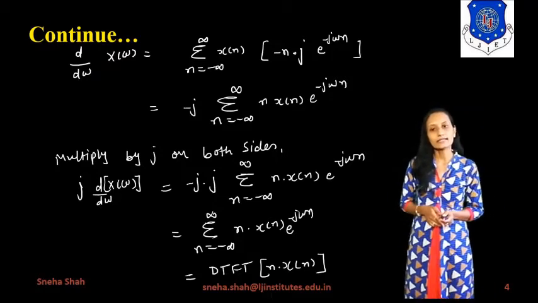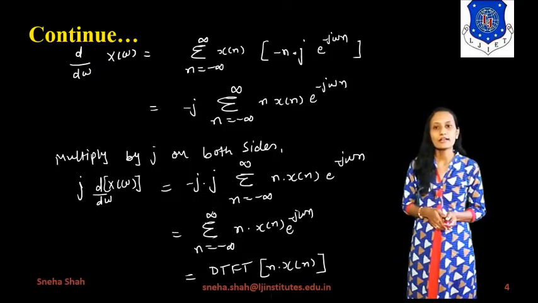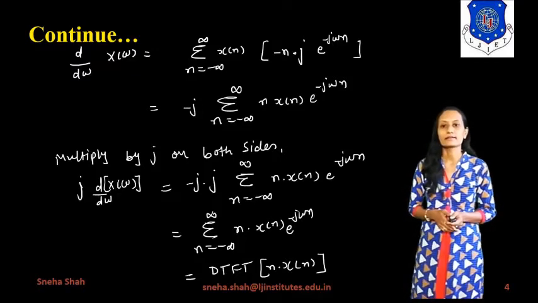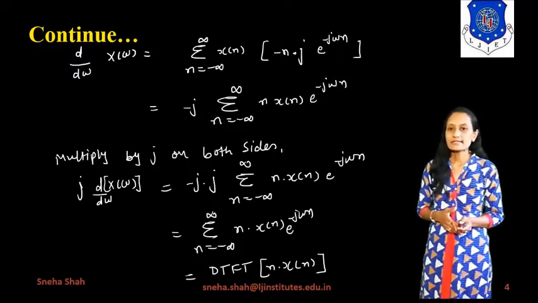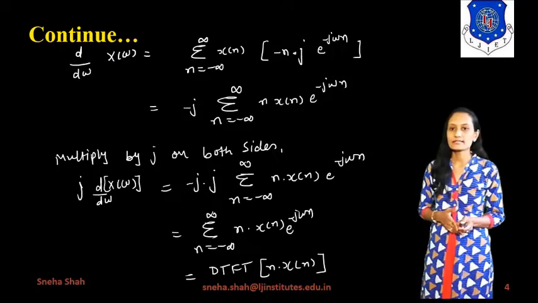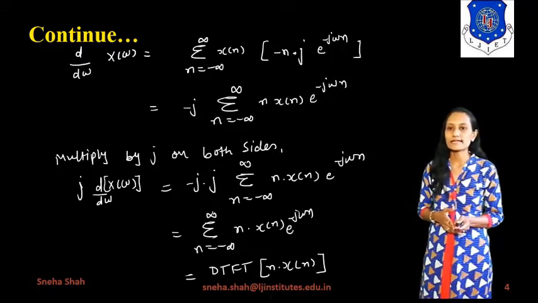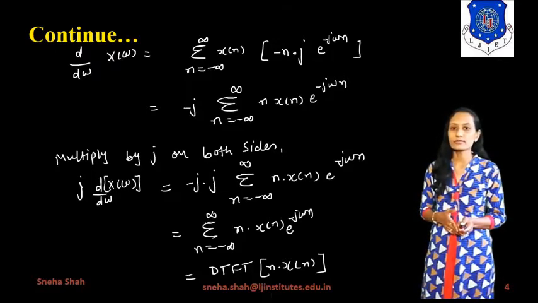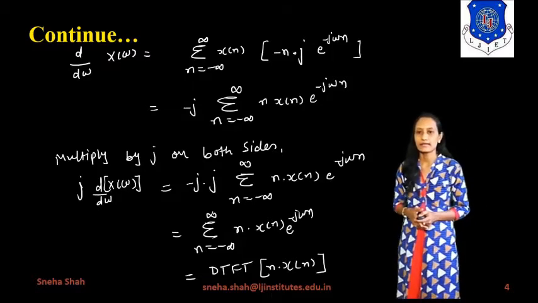Because we have taken the differentiation with respect to omega, so the minus j and n terms are considered constant. Now if we simplify this, the minus j term is constant, so it will be outside of the summation, then summation n equals minus infinity to infinity n into x of n into e raised to minus j omega n.